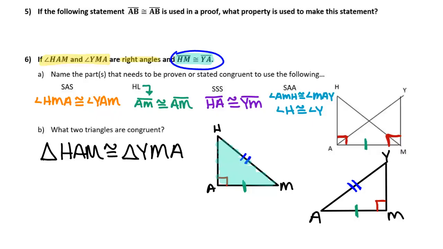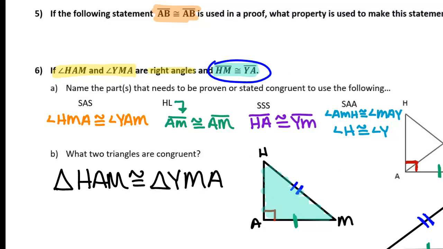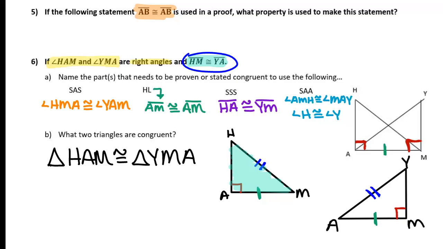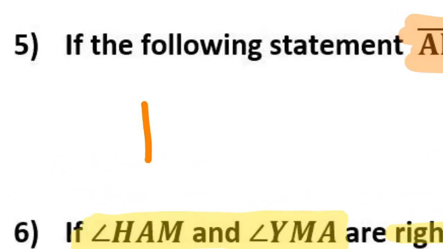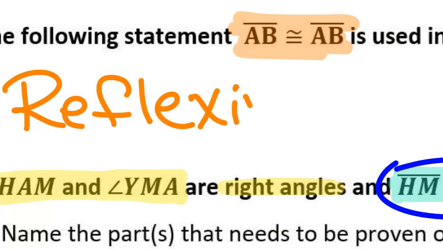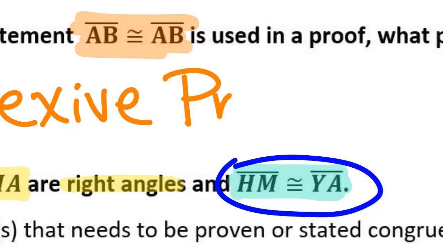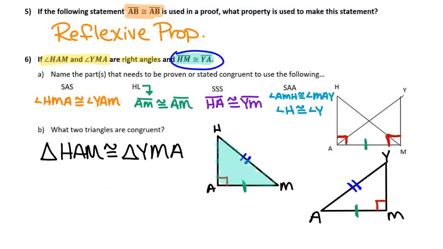Number 5, if the following statement, AB is congruent to AB, is used, what property is used to make this statement? What property do we use when we say something is congruent to itself? Reflexive property. That is my reflexive property. All right. Number 8 is the next one we're going to do.